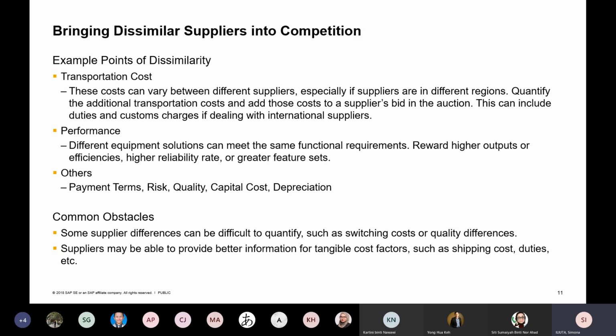So we recommend that you reward higher outputs or efficiencies, higher reliability rate, or greater feature sets. Each supplier may respond differently in terms of quality to meet the same functional requirements. You will score them and you evaluate them and you rank them in terms of quality. Number one, number two, number three.